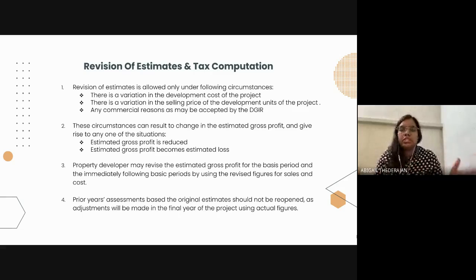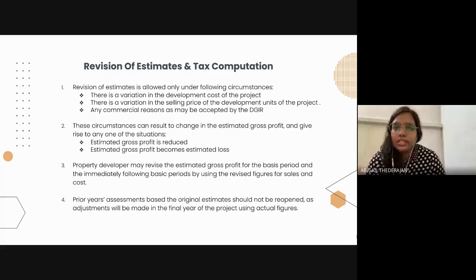Maybe the project is 3-year based, and the first year they estimated a lower cost, but in the second year they notice an increase in certain costs, so they have to recalculate it. This is one of the variations. Second, the variation of the selling price of the development unit. When the cost changes, the selling price of the unit may also increase or decrease, depending on the cost used.